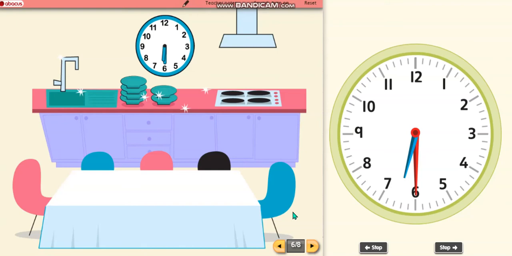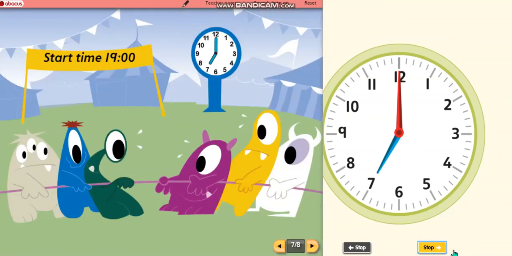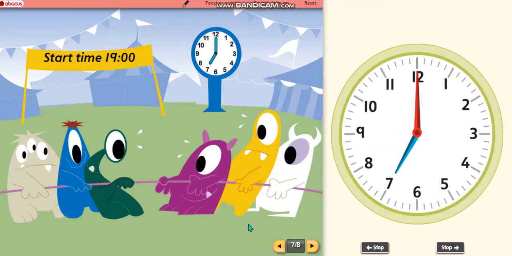Okay, so mommy and daddy monster want to take the monster children to see the ogre tug of war competition at 7 o'clock. Now it is a qualifier before the Monster Olympics. What time do they need to start cleaning up so they will be ready by 7 p.m.? So remember just now we were adding.